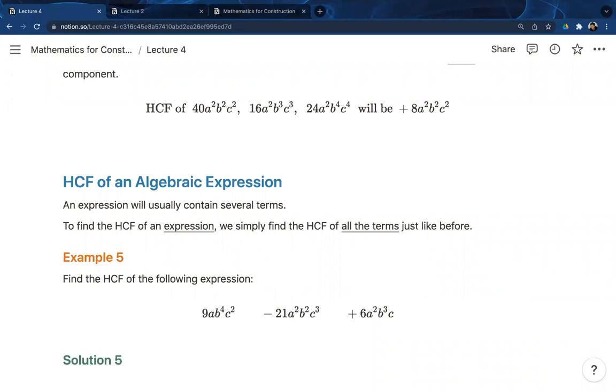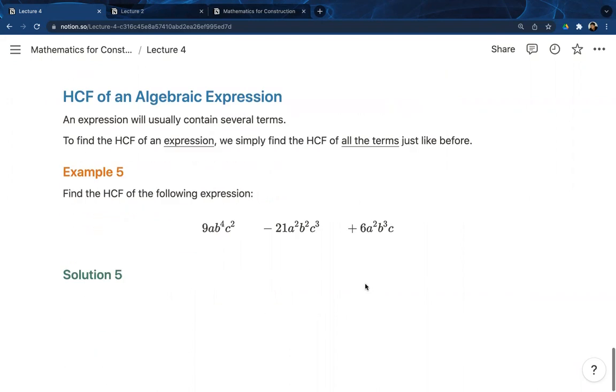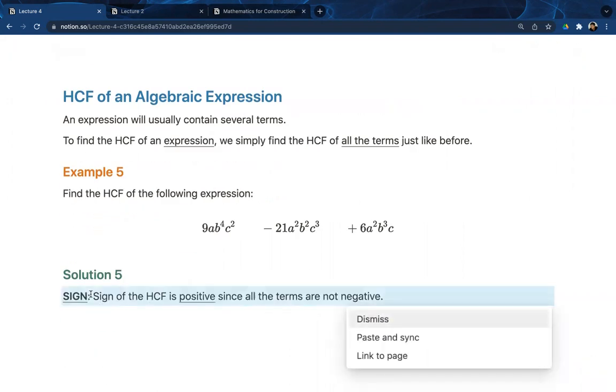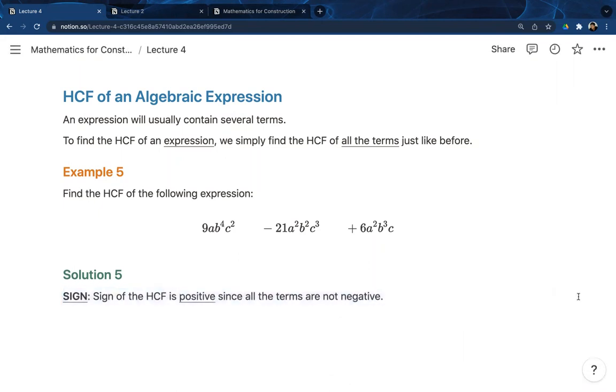We have an expression this time, and we want to treat it as a sum of 3 terms. There's really 3 terms being added here. We look at the sign again. All the terms have to be negative for the sign of the HCF to be negative.